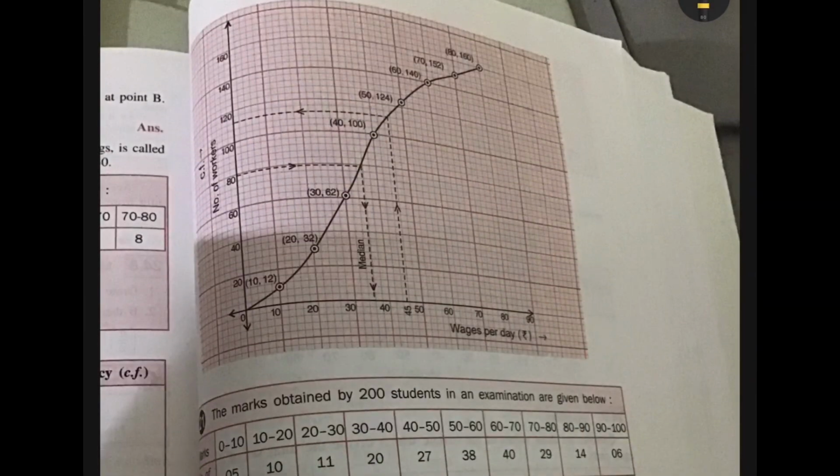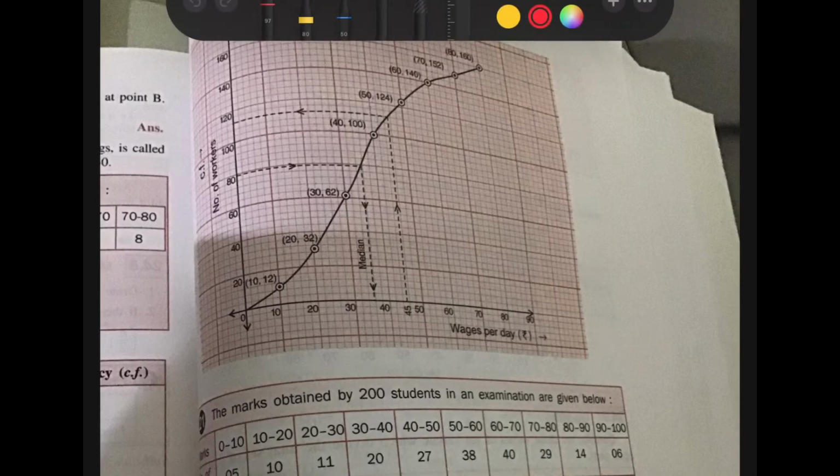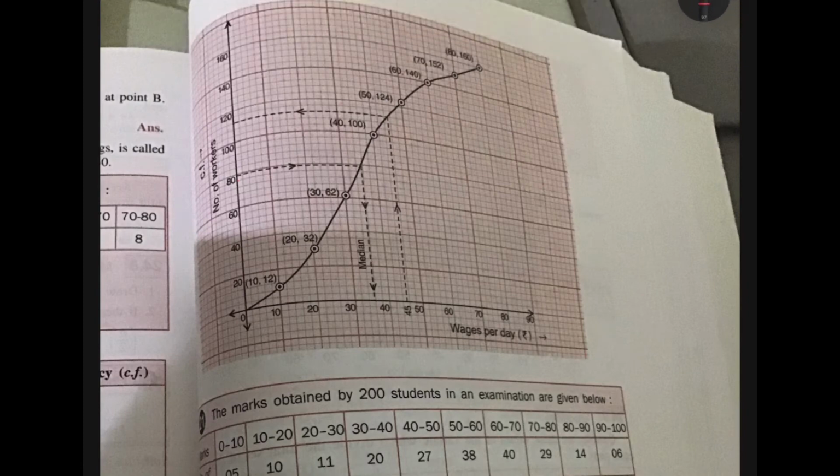Coming to the graph here, we are finding the 80th term, right? On the y-axis, I should come directly to the 80th term, then draw a dotted line like this till the curve, then come back here. Whatever value I get here will be my median. If I check between values, this is my 30 and this is my 40, right?